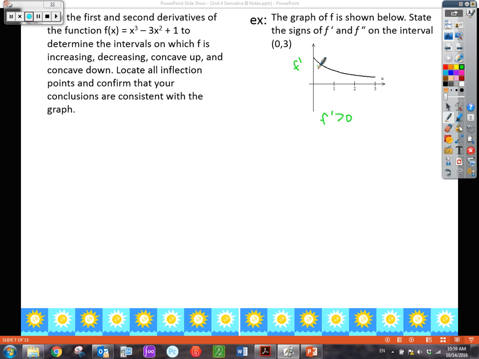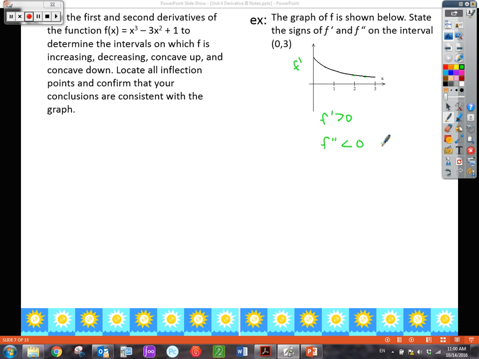The second derivative, if this were a graph of the first derivative, what would I do? Well, the second derivative is the derivative of the first derivative, so I would look at slopes of tangent lines on the first derivative to get the sign of the second derivative. All these slopes are negative, so the second derivative would be less than 0.